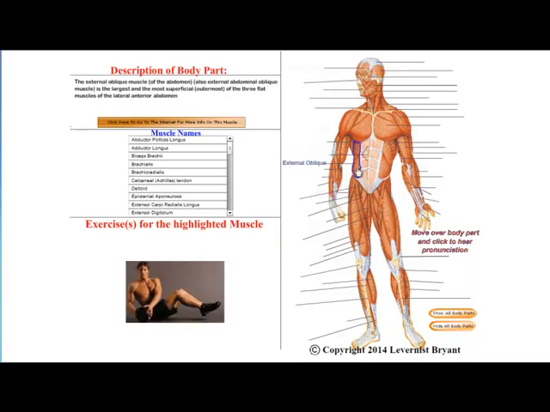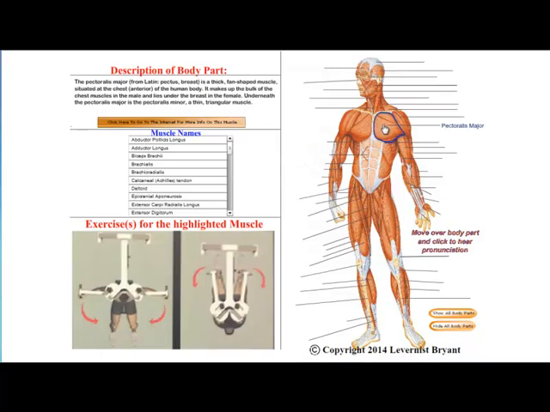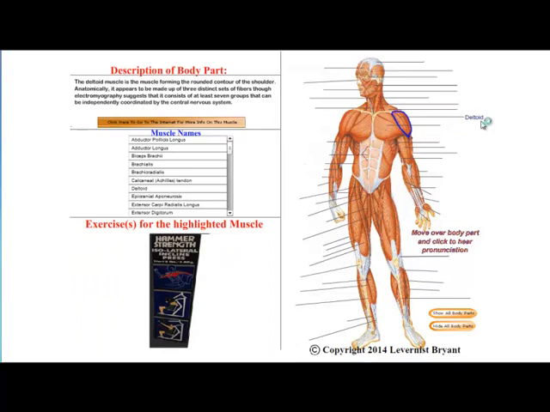Anywhere you don't see a line, it doesn't do anything because that muscle is not highlighted. But you see the line that is pointing to the pectoralis major. That's where it shows that a muscle rollover is located. So you have the interactive rollover and you have the name of the muscle.